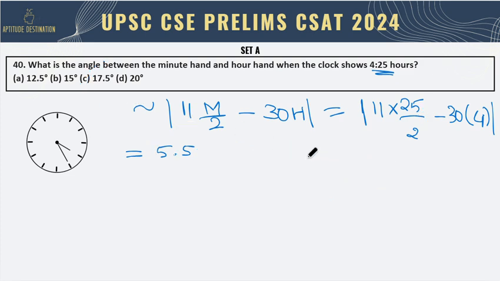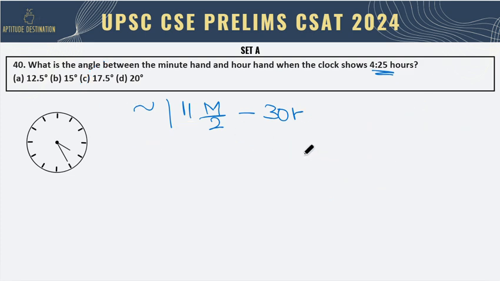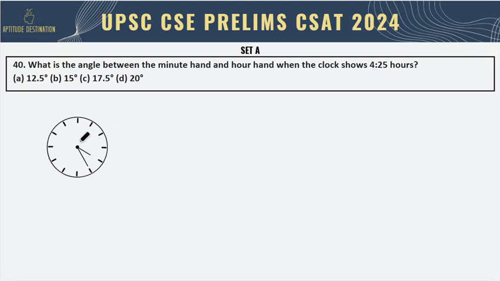So the next method is to solve it logically. We know that 4:25 is showing like this, and this hour hand might be a little bit closer. It's not the actual exact representation. It might be a little bit closer because as this minute hand moves, this hour hand will also move little by little.